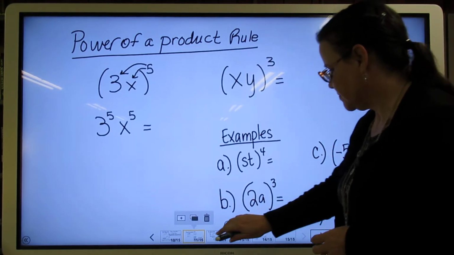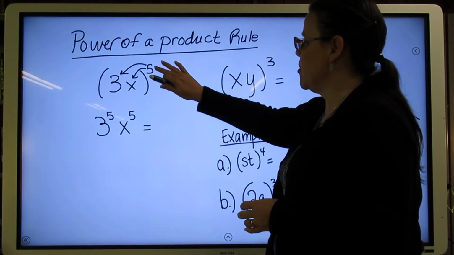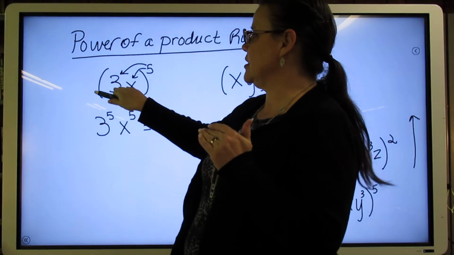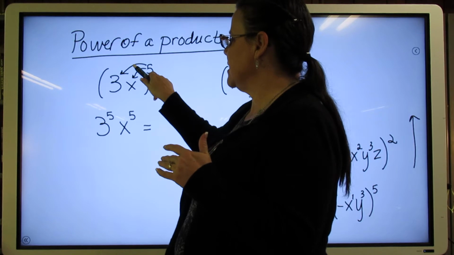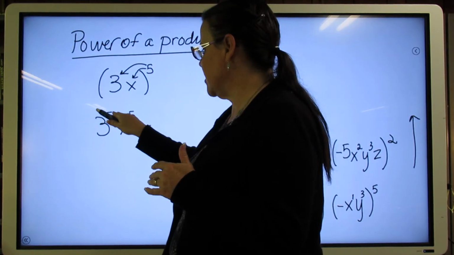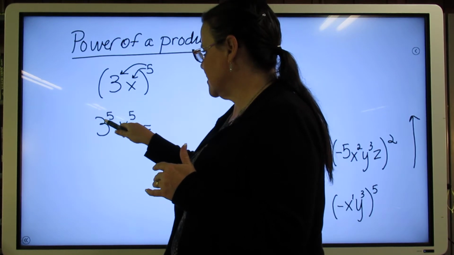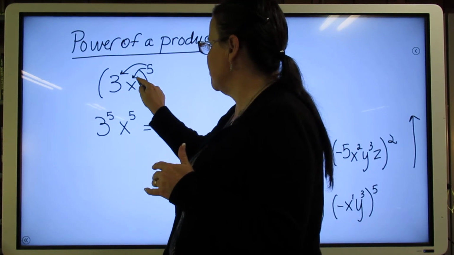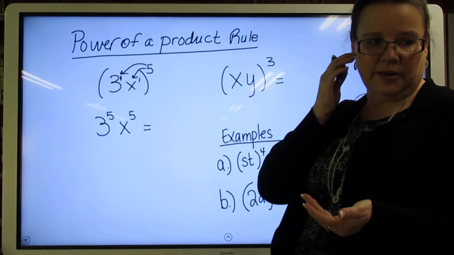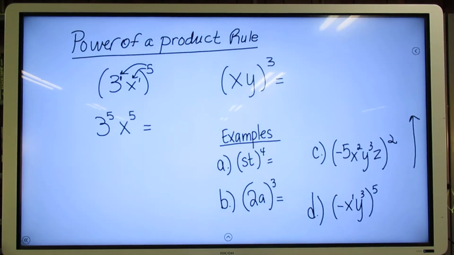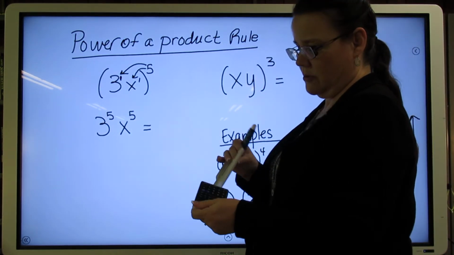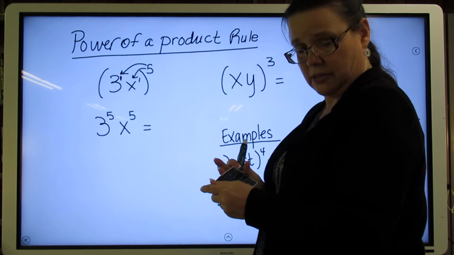Next. So this is what I have. Power of a product rule. Well, if they have a coefficient next to it, that 5 on the outside affects what's on the inside. So 3 to the 5th power and x to the 5th power, because they kind of have those 1s, and 1 times 5 is 5. So that's where you would get it from. And then you would take your handy dandy calculator, and I don't know exactly what 3 to the 5th power is off the top of my head.